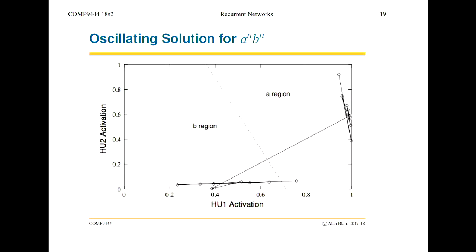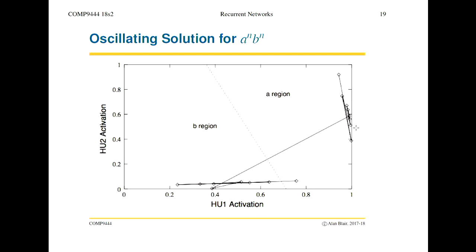Then when it sees the first B, it jumps over to here, and when it sees additional B's, it oscillates outwards from that point. If there are 8 A's, when it gets to the 8th B, that is just enough for it to cross this boundary. This is where the B's are being predicted, and this is where the A's are being predicted.